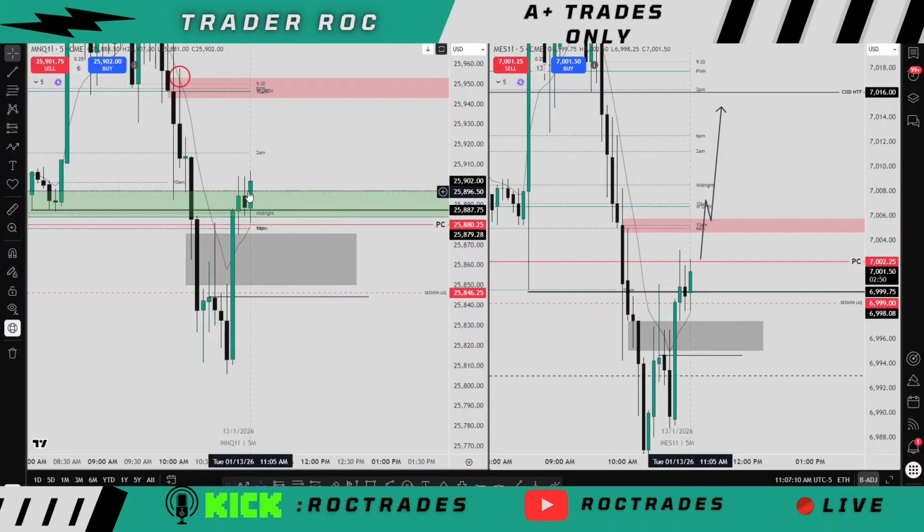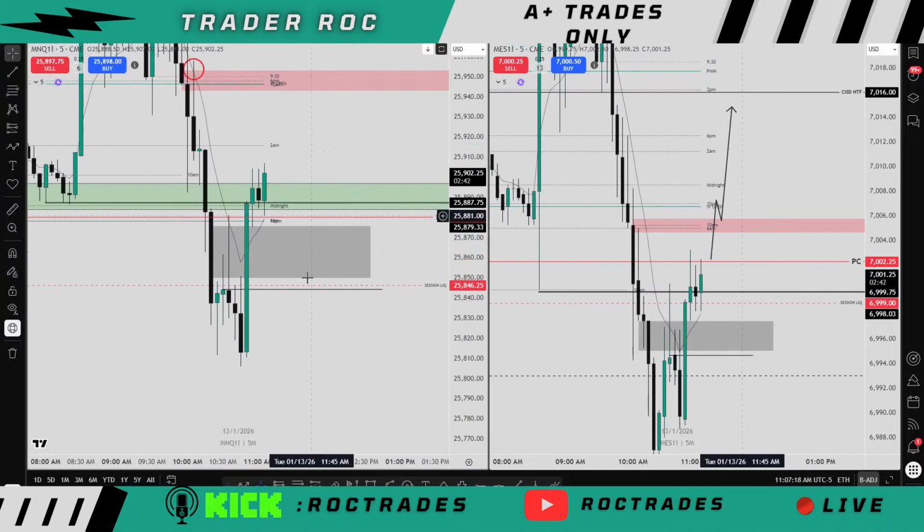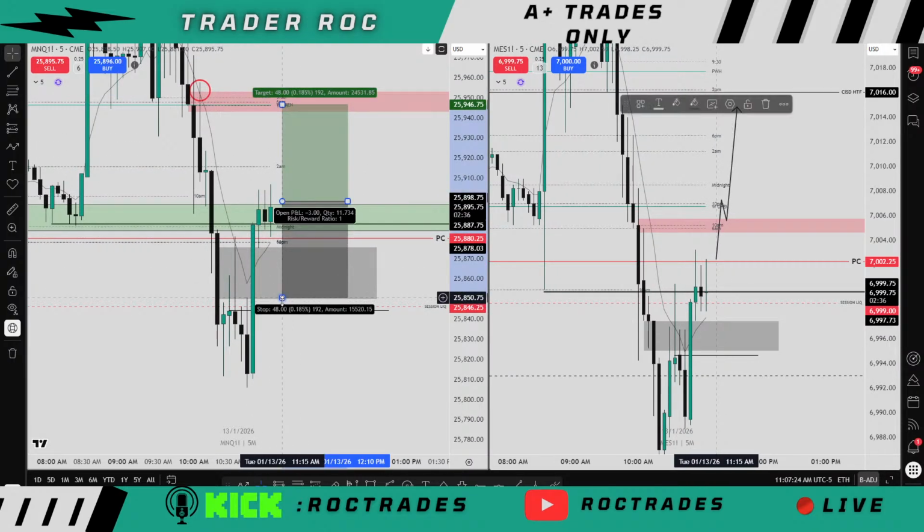You see how price is just pretending like, oh, I don't need to fill in that gap. We're good. That's the scam that I'm trying to avoid here. Because let's say I buy it here. I'm bullish, right? I get it. I understand I want to see higher, but where do I put my stop?